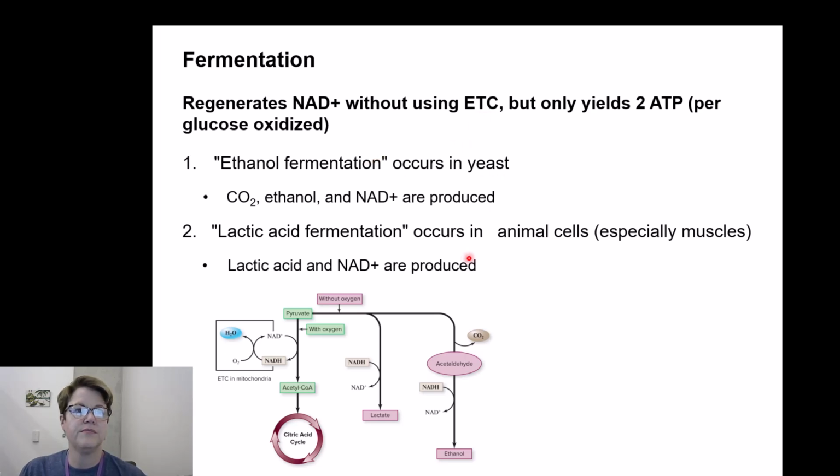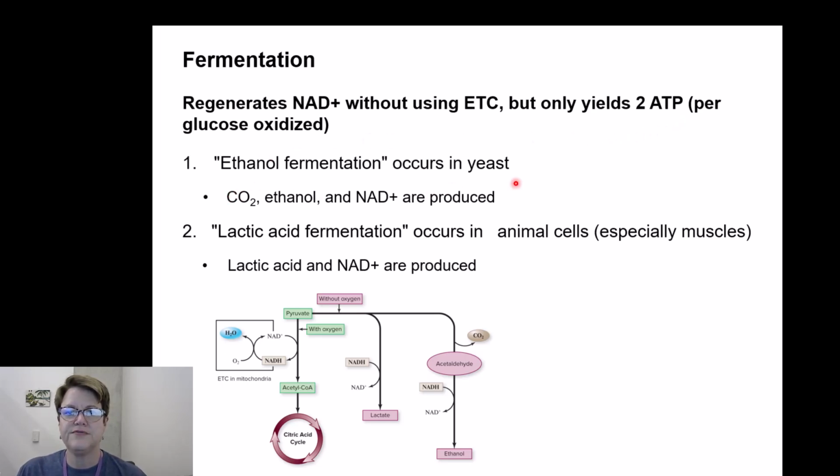You'll recall that the electron transport chain in aerobic respiration was responsible for a large amount of our ATP yield. So any cell that doesn't use the electron transport chain is going to get a much lower yield. In fact, in this case, you're only going to get the 2 ATP that is generated net in glycolysis.